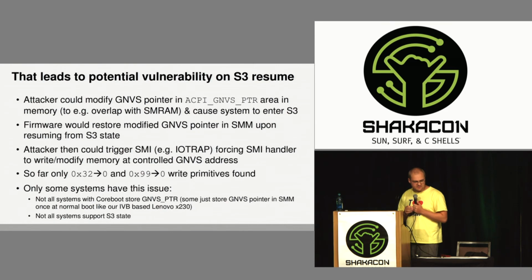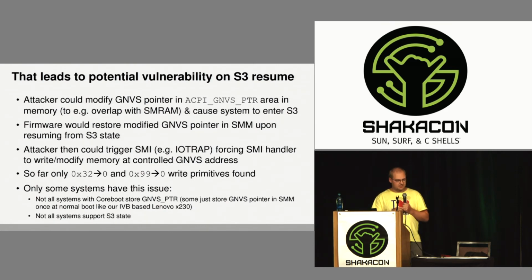Conclusion about this specific vulnerability: the attacker may control that pointer, GNVS PTR. Also, the attacker may have a limited write primitive when flipping 32 to 0 or 99 to 0.